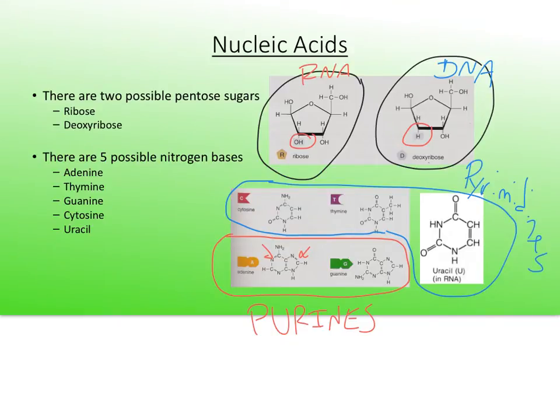Now you might also recall, and we'll see this in a moment, that DNA contains A's, T's, G's, and C's. RNA contains A's, U's, G's, and C's. So uracil, like it says here, is only found in RNA, and thymine then technically is only found in DNA.